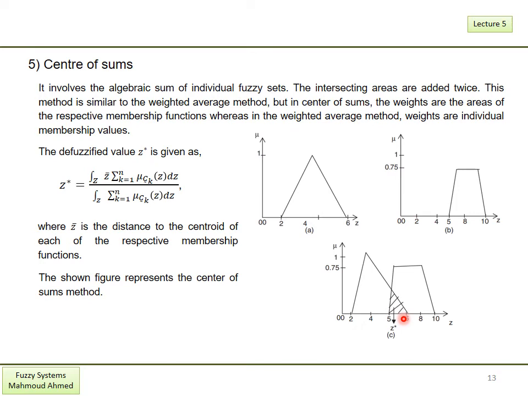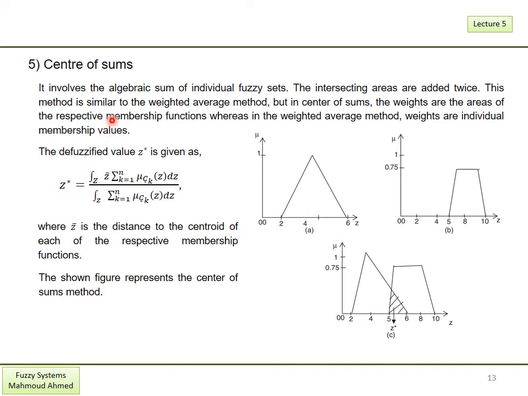One of the interesting things in this method is that we calculate simply all the areas of these membership functions. When we take this individual membership function plus this individual membership function, we find that the intersection will be added twice, which is one of the main characteristics of this method for getting the defuzzified value z star.